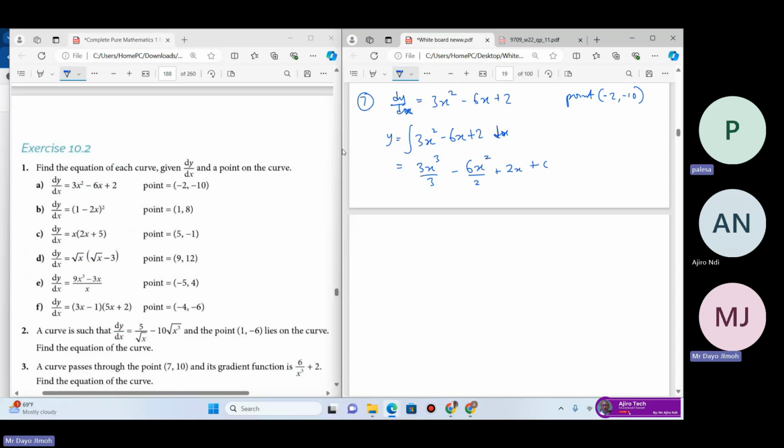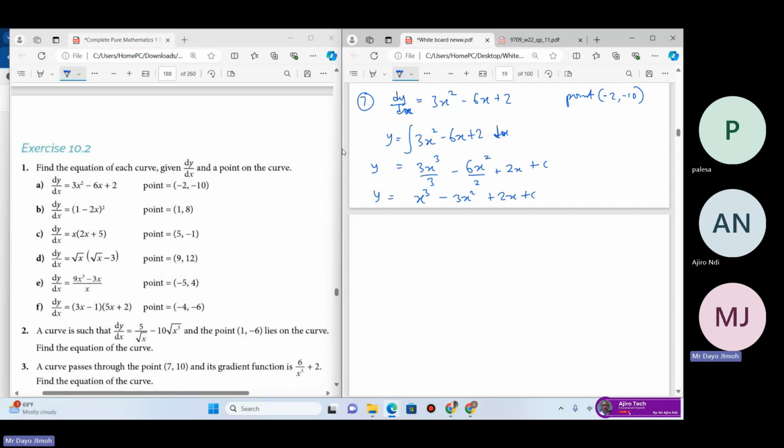So y becomes x cubed minus 3x squared plus 2x plus c.